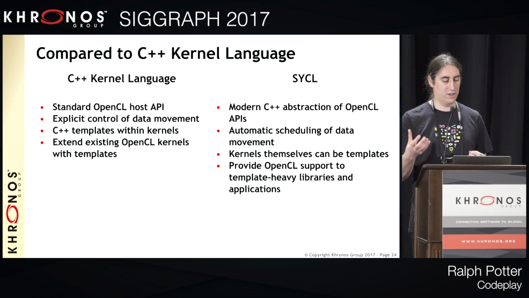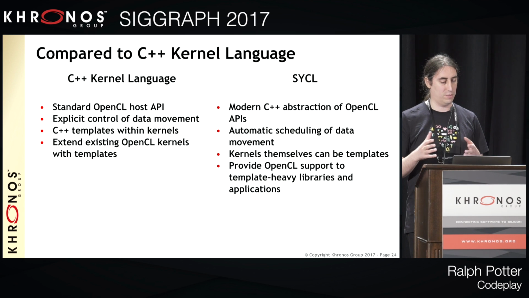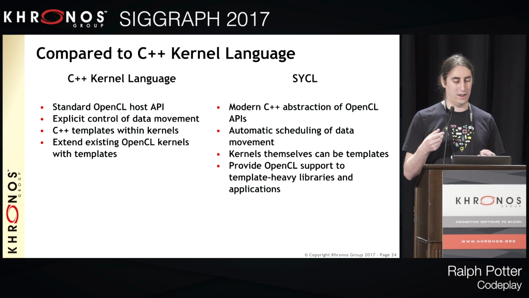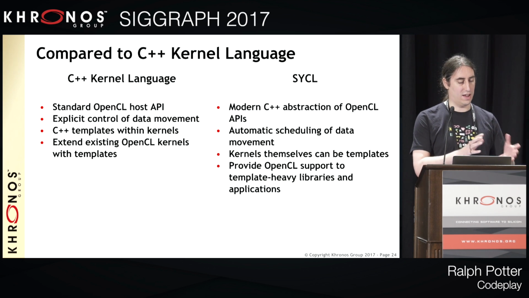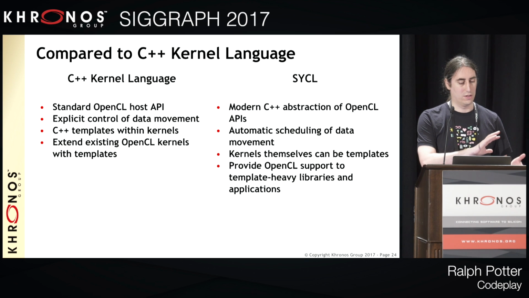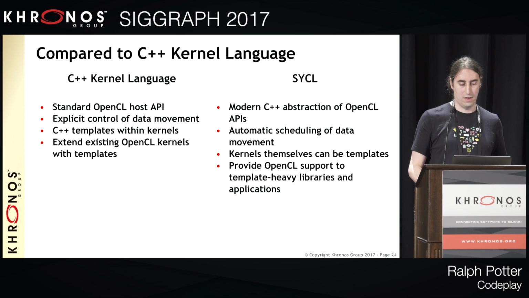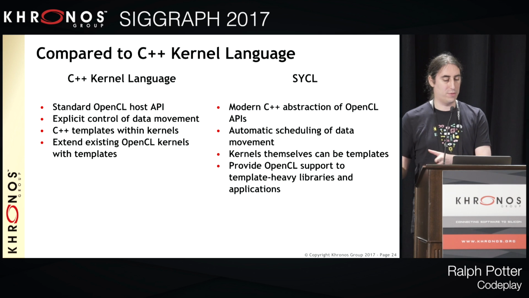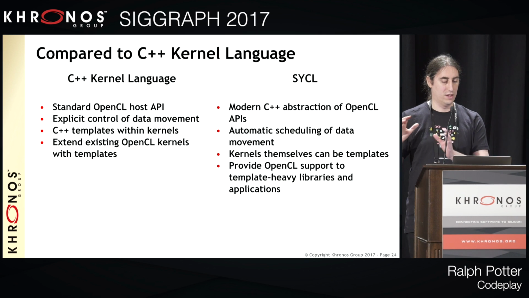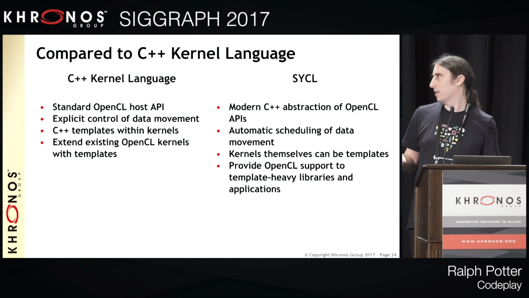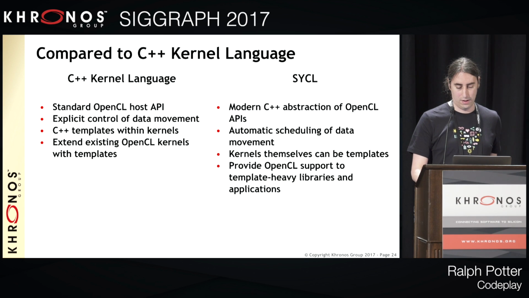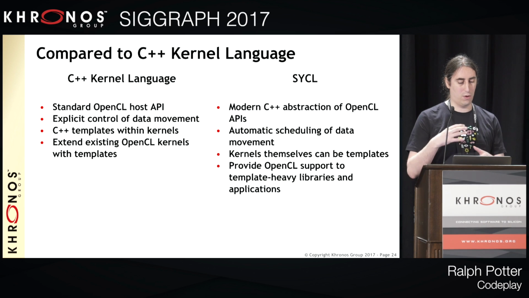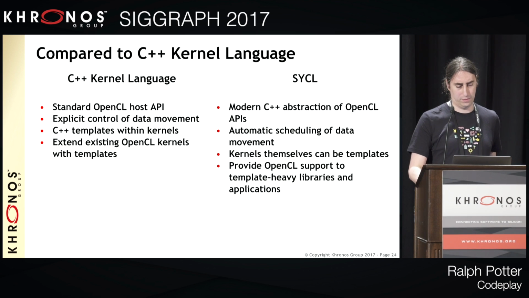We can provide something that's much easier to integrate into a template library because we can handle these shared data structures, which are not easy to get into the kernel language in certain cases. So if you're coming from that side and your application is already a heavy C++ template library, again, like Eigen or TensorFlow or something like that, then maybe SYCL is an easier route in, especially if you're wanting to do things like expression trees and really complex template manipulation.